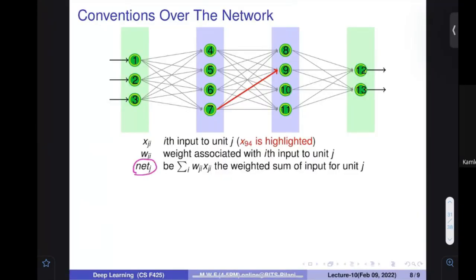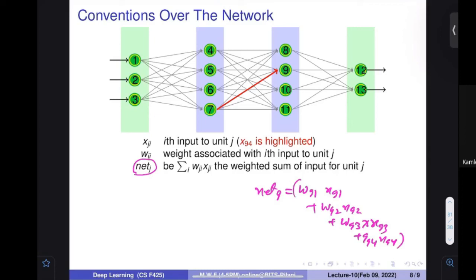Net 9 means W91 x91 plus W92 x92 plus W93 x93 plus W94 x94. This is how this equation, called net, is written.